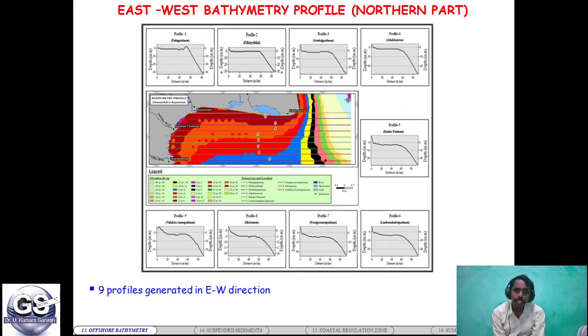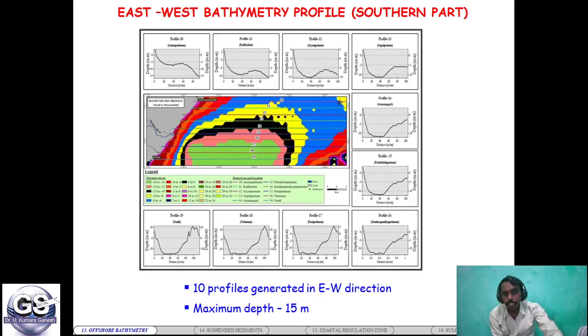From that, notice that the maximum elevation range is up to 4 to 6 meters, very shallow in depth. In the southern part, totally 10 east-west lines were generated, and the maximum depth is 15 meters. From the overall analysis of this bathymetry data, the Palk Bay region was noticed to be very shallow, with a maximum of 15 meters in the southern part of the Palk Bay offshore region.